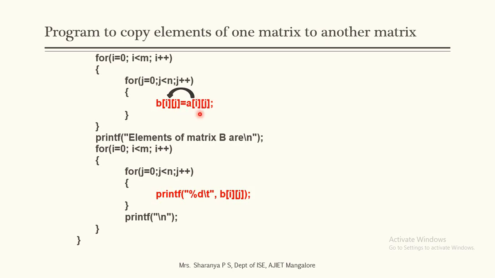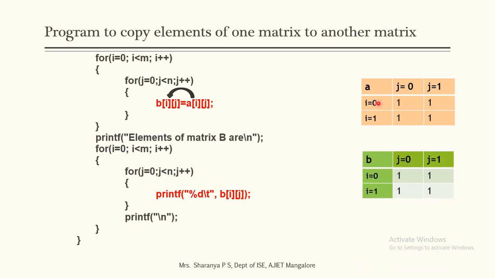For the first iteration, A of 0, 0 will be copied into the location B of 0, 0. In the next iteration, A of 0, 1 will be copied to the location B of 0, 1. Like that, it keeps processing. Finally, the copied matrix is present in B of ij, which we print as the final resultant.